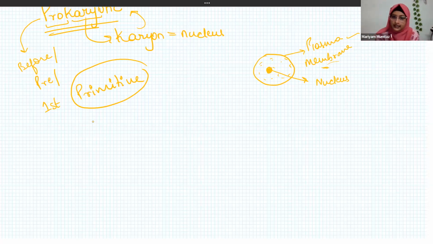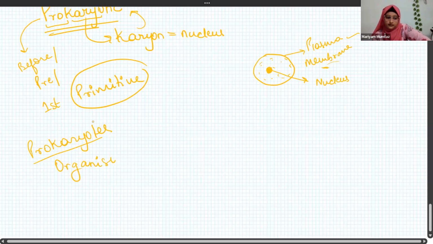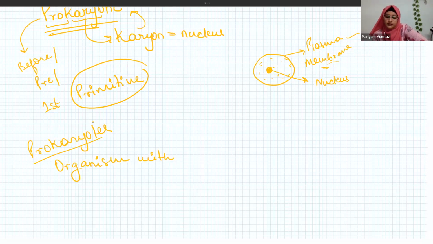Now, when we were talking about prokaryotes. Prokaryotes, these are the organisms. Write it down, give the heading prokaryotes. Now see, prokaryotes are the organisms in which the nucleus is surrounded by a nuclear membrane.